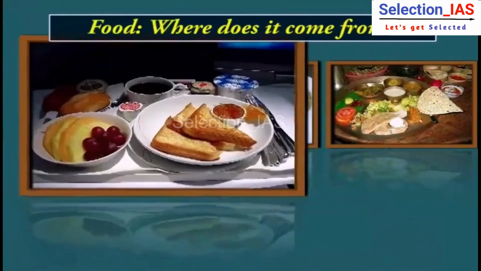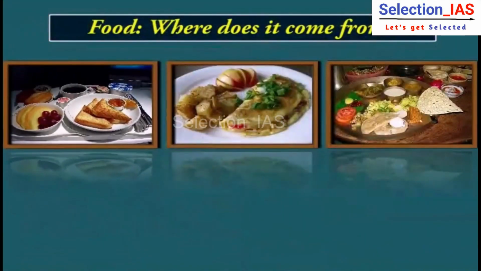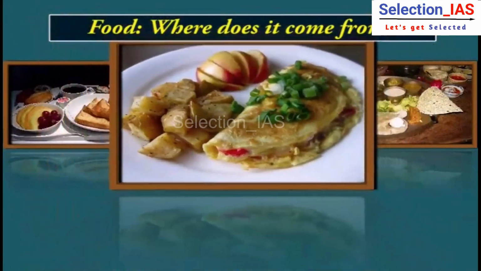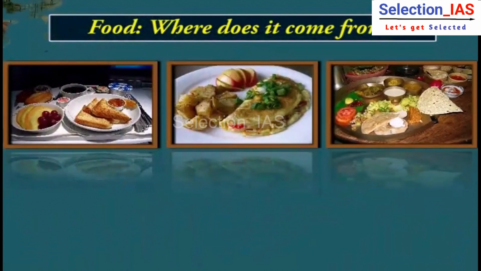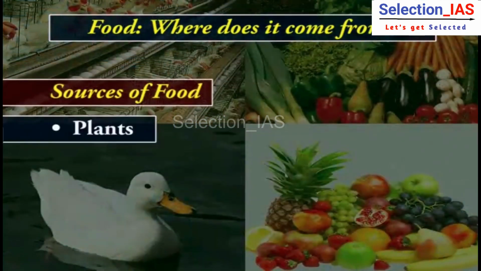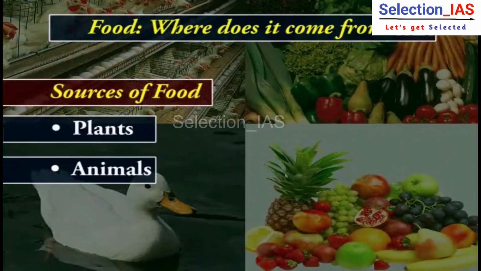Hey friends, do you know where we get the ingredients for preparing different food items? Well, there are various plant and animal sources of food.